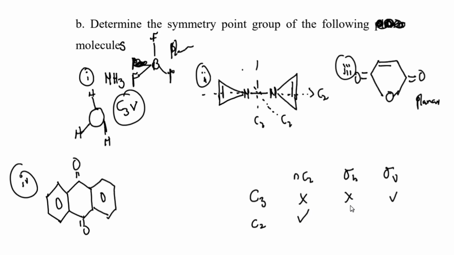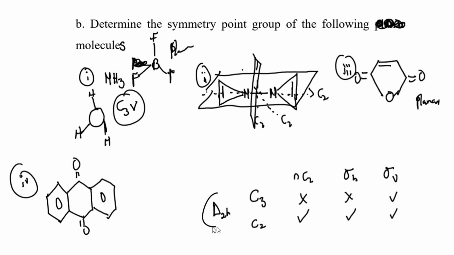So this is present, sigma H. This is the principal axis. So sigma H is definitely perpendicular, right? So we have this to be present. Sigma V also, we have it to be present here, right? So this is also present. So we have this to be D2H, right? So this is D2H.